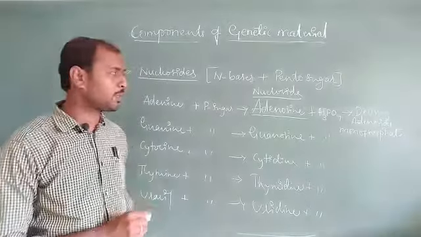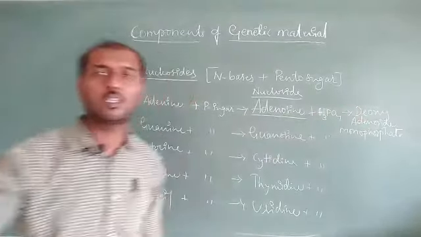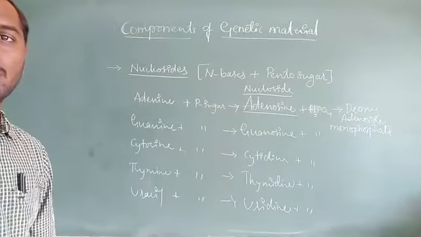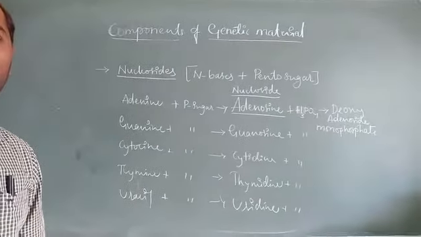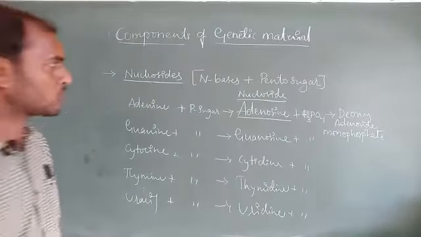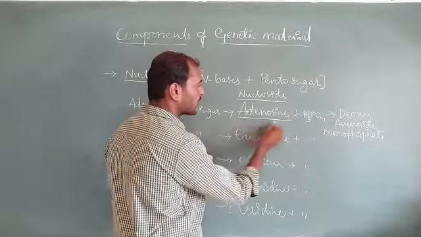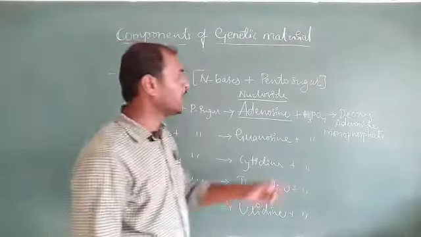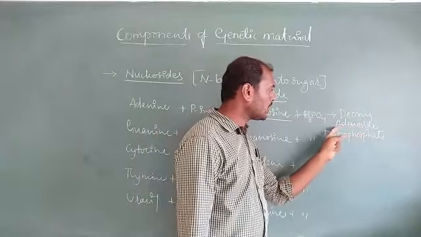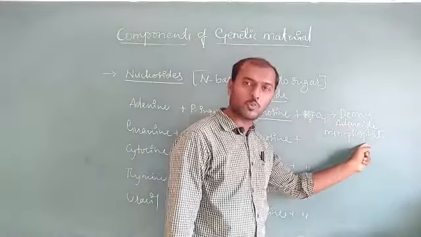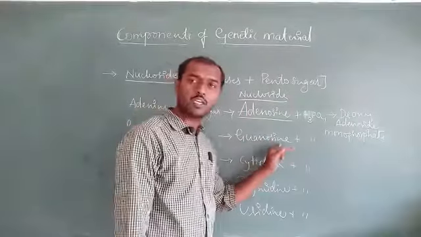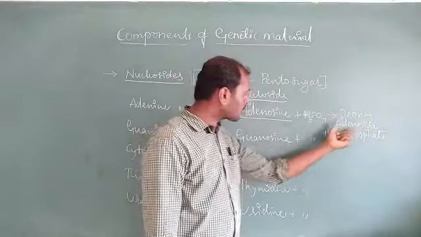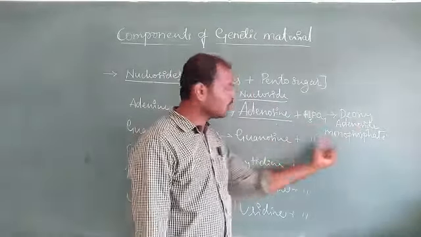Okay, I am going to turn the mobile, please check this. Deoxyadenosine monophosphate. So when adenosine reacts with the phosphate or phosphoric acid group, it forms deoxyadenosine monophosphate. Guanosine is going to form deoxyguanosine monophosphate.